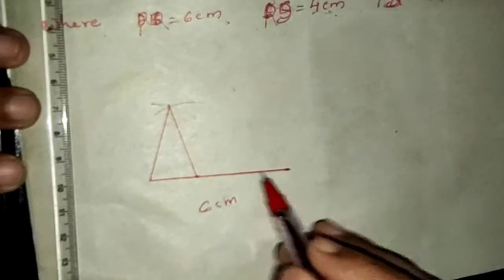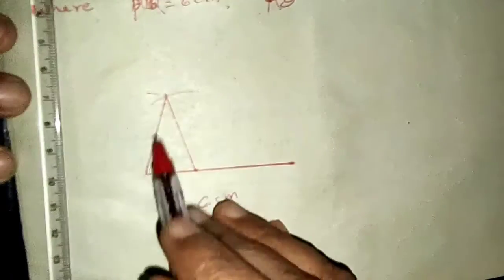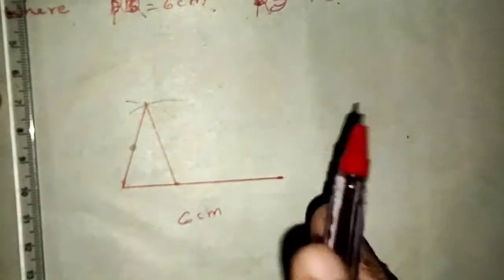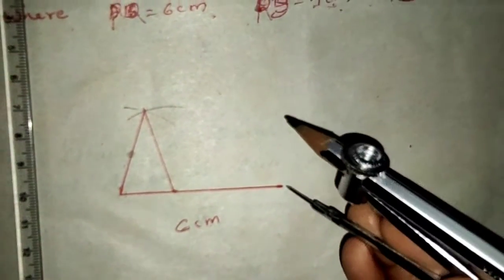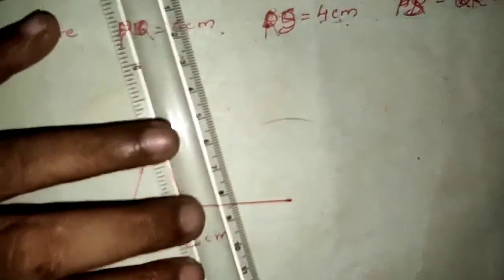Now we know that this side is the non-parallel side of this isosceles trapezium. So its opposite side is also equal to 3 centimeter, starting from here. So just draw an arc of 3 centimeter, and we know that the top side is equal to 4 centimeter.